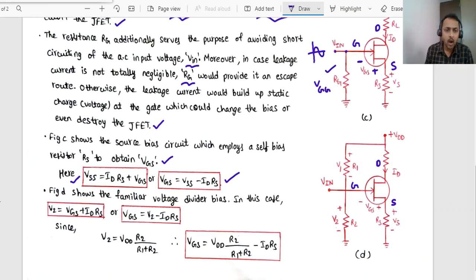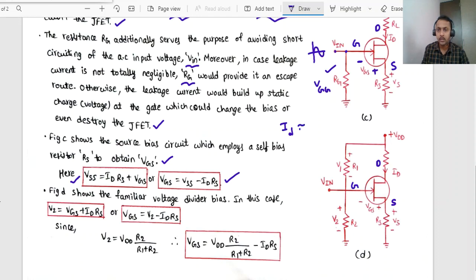Now if you observe figure D, this shows the voltage divider. We have to apply the voltage division rule in order to obtain the gate source voltage. Finally, in a JFET our focus is to control the drain current, the current flowing through the drain.